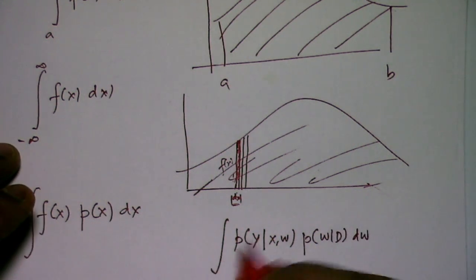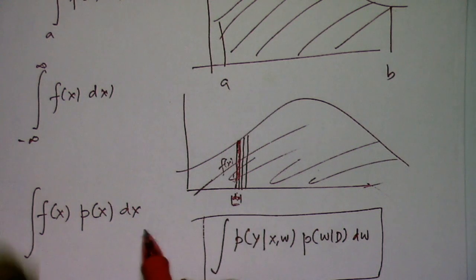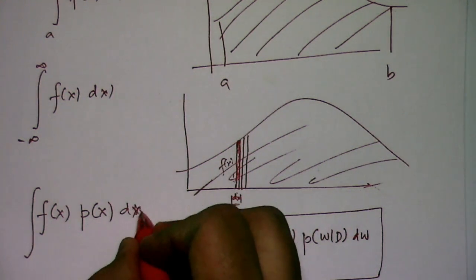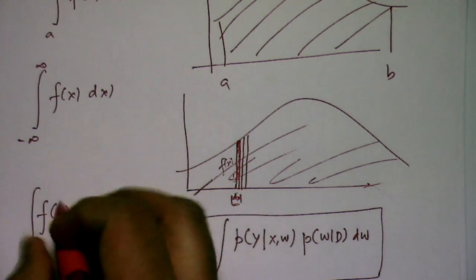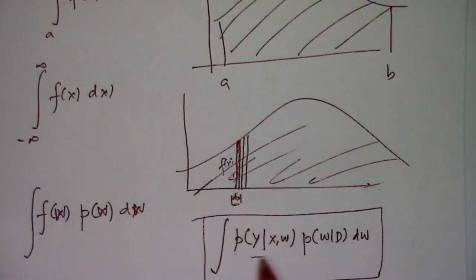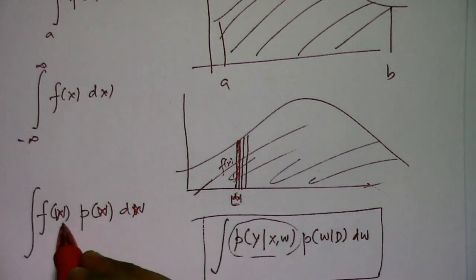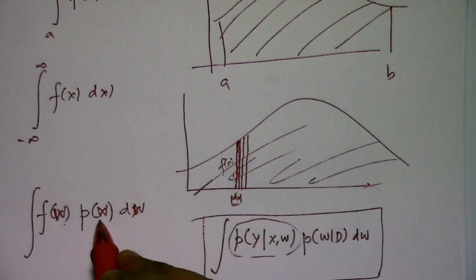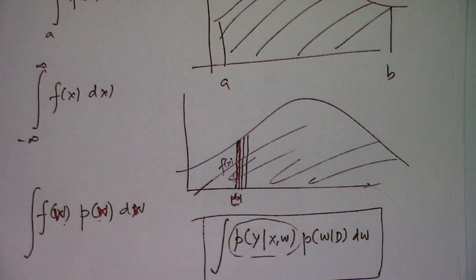So this is what we want to compute, but let's just write w here. So this part can be treated as a function of w. This part is the probability of w, and this part is dw, right? So this is what we want to compute.